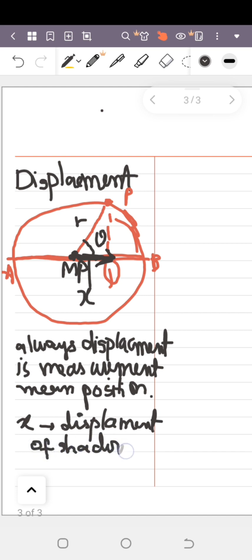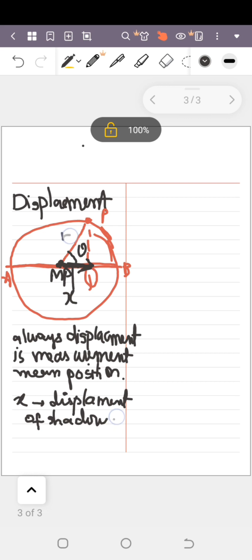Now here we will use cos theta, because the base and hypotenuse are given in this figure. As we have learned, cos theta is equal to base upon hypotenuse.